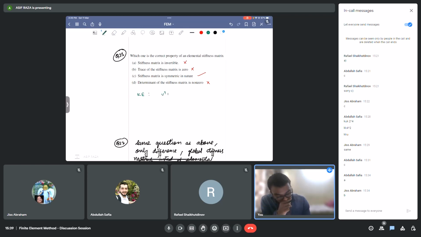So half v transpose mv, and something like x transpose kx should be greater than or equal to 0.